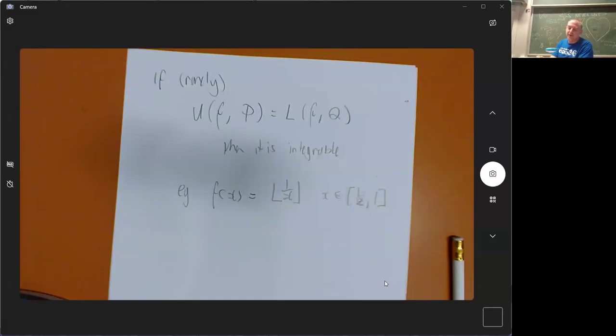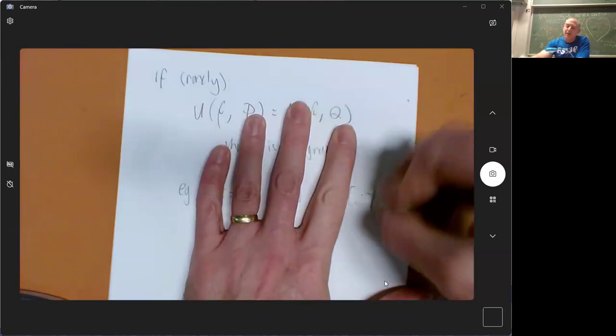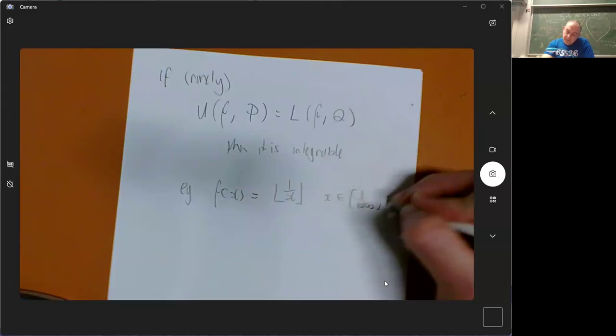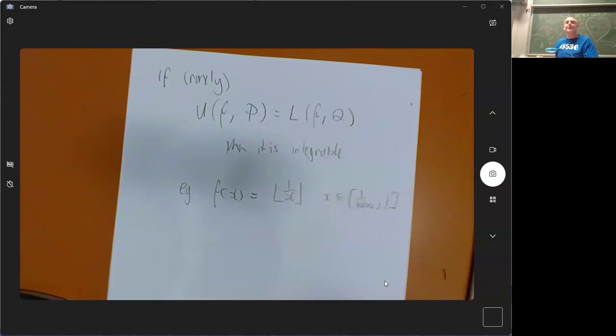That's fine. The floor of 1 over this is 2. So that will only have 2 pieces. We want something with a lot more pieces. I don't want to go all the way to 0 because it's not defined at 0. But I'm going to go there.